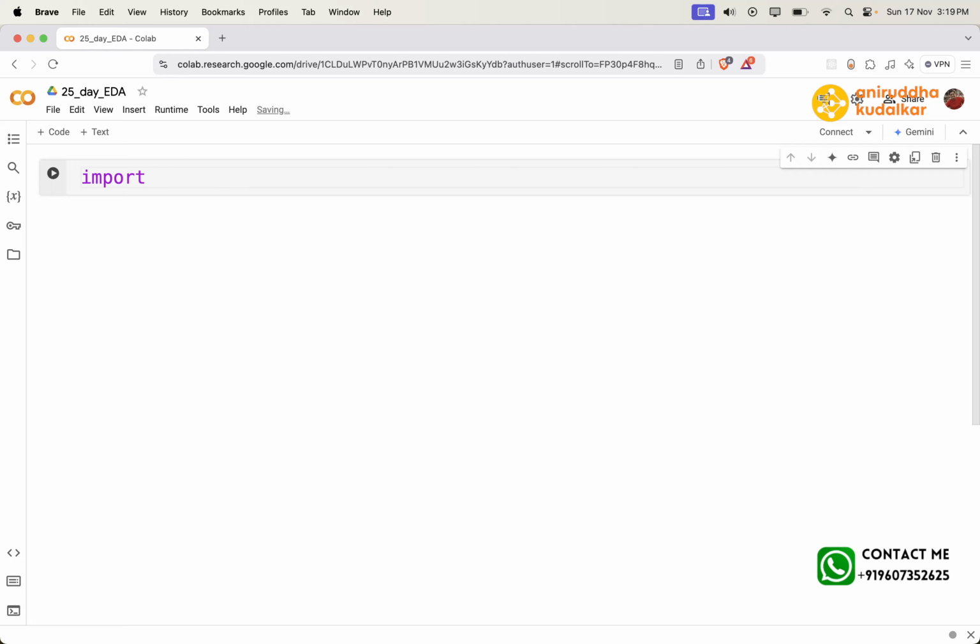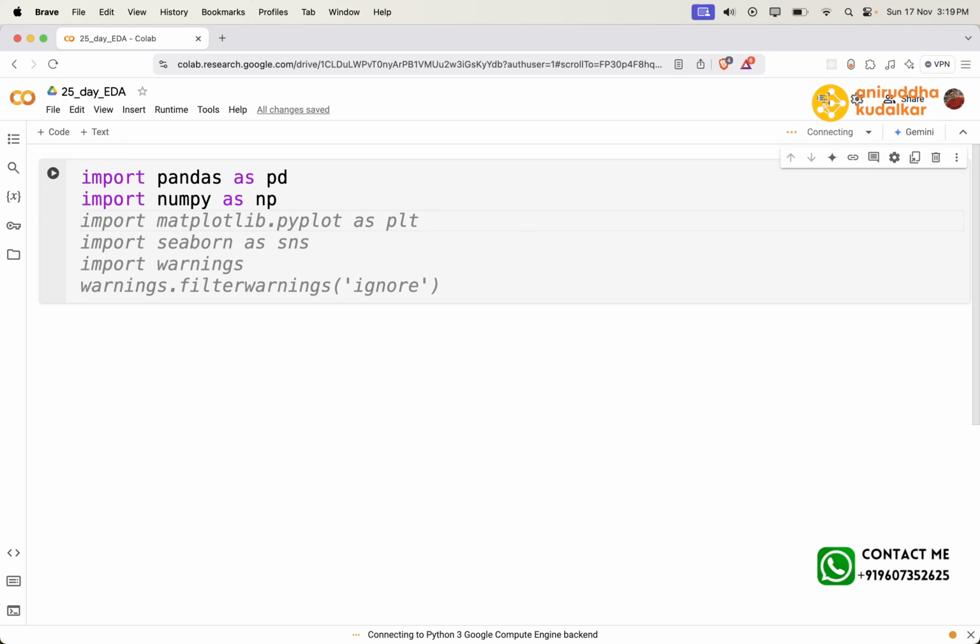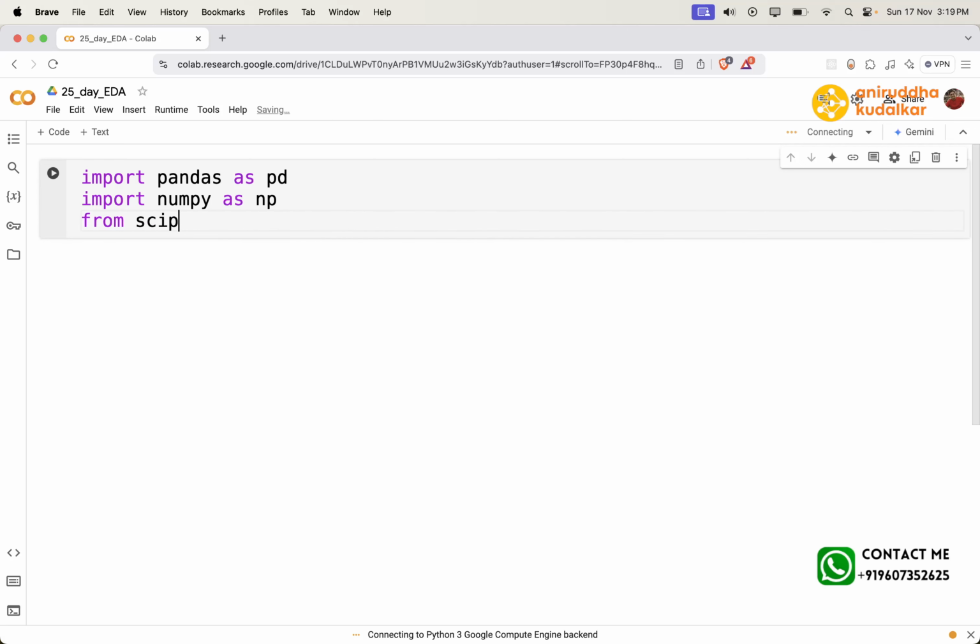Import pandas as pd, import numpy as np, and from scipy.stats, ready-made formulas we are importing using the third-party library scipy, import kurtosis and skew.